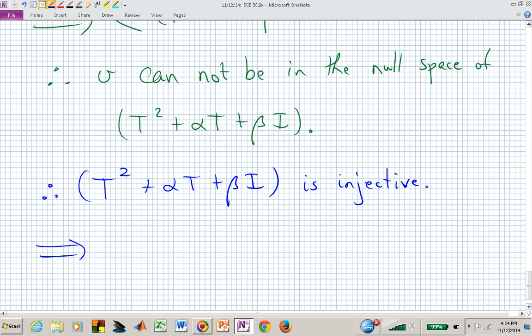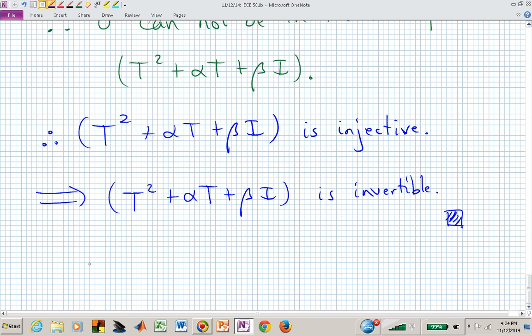They're all equivalent, right? So now we can say that t squared plus alpha t plus beta I is in fact invertible. And that's what we were trying to show in that lemma.